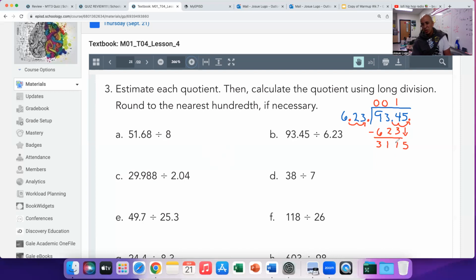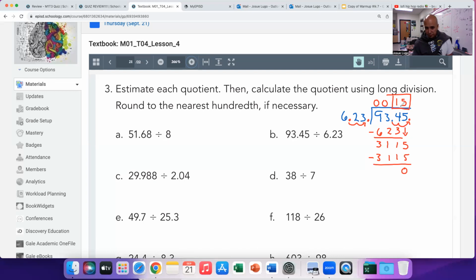How many times does 623 go into 3,150? Lucky for us, it fits exactly 5 times. So 623 times 5 is exactly 3,115. That saves us. It goes in evenly. So my final answer is just 15. Yes, 93 and 45 hundredths divided by 6 and 23 hundredths is 15.